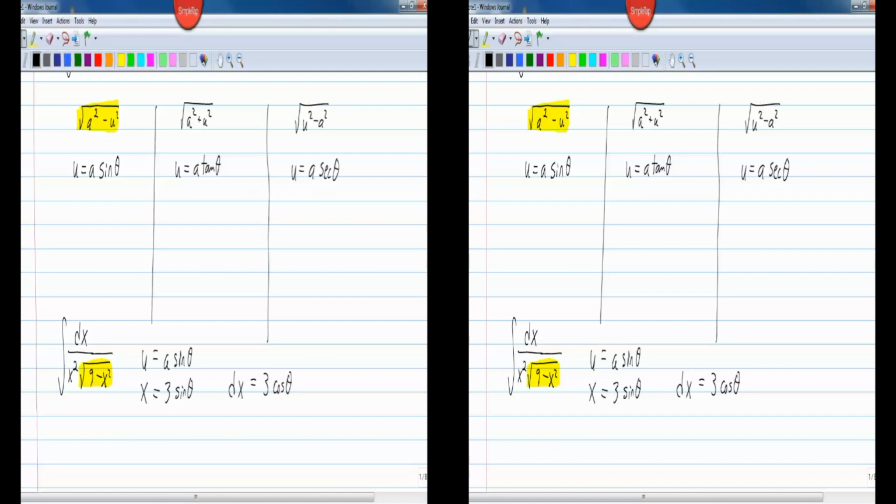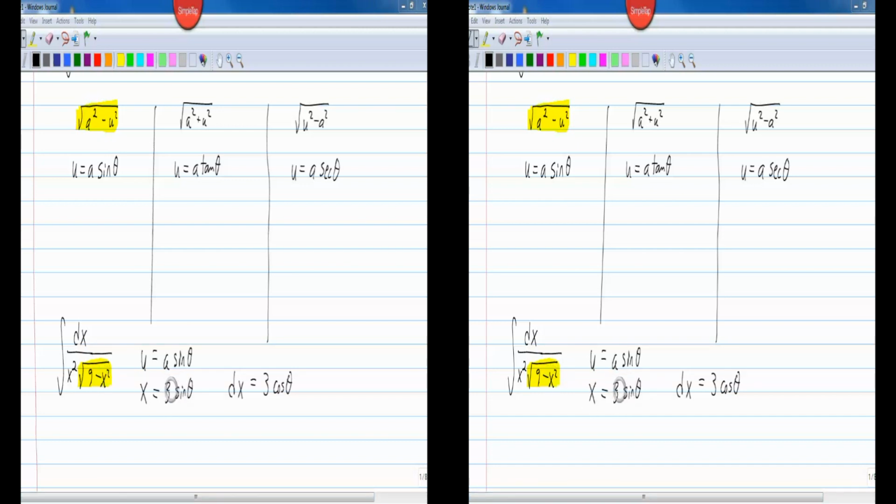So here's what we do now. We need to, where we have an x that is not in the radical part, anywhere that you have an x, you need to plug in 3 sine of theta. Okay? And you can even do that in the radical part, and I'll show you.